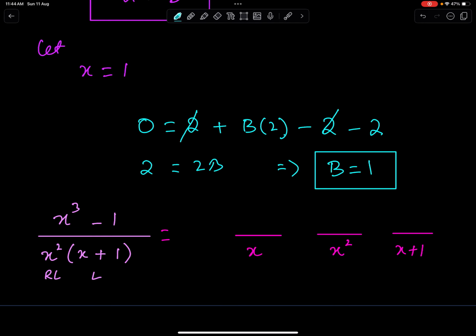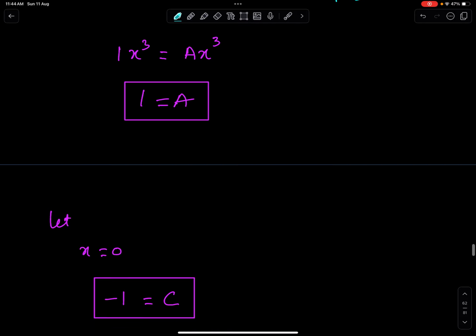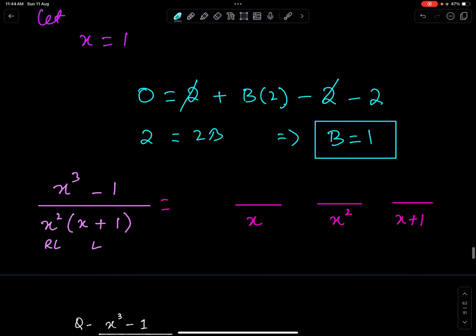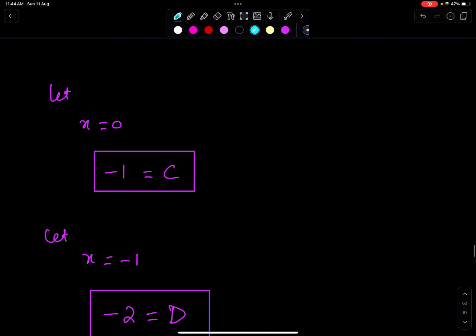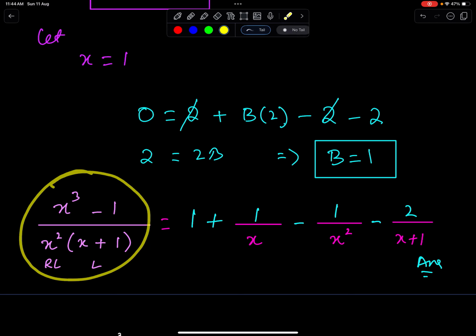So a is 1, b is also 1, 1, c was -1 and d was -2. So this is the required partial fraction of this fraction.